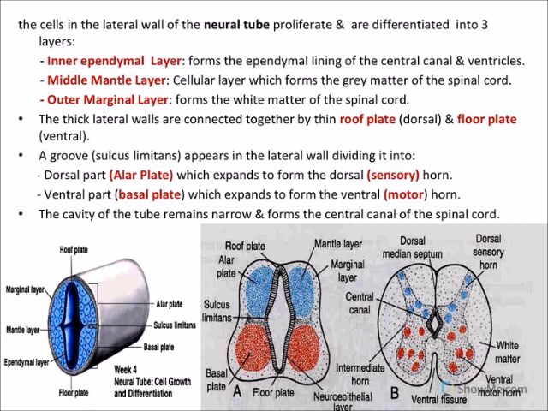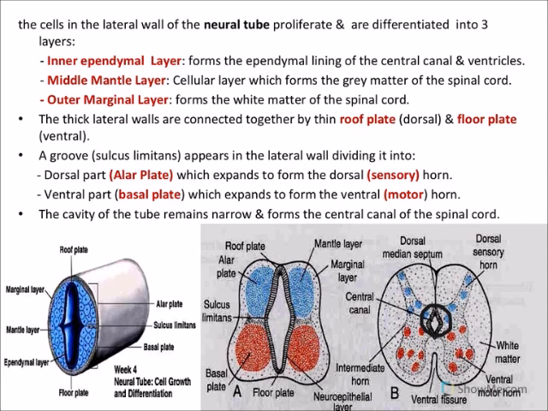Now, the cells in the lateral wall of the neural tube will differentiate into three layers. The inner matrix layer, which at the end of the development becomes the inner ependymal layer, will line the central canal of the spinal cord and also the brain ventricles.